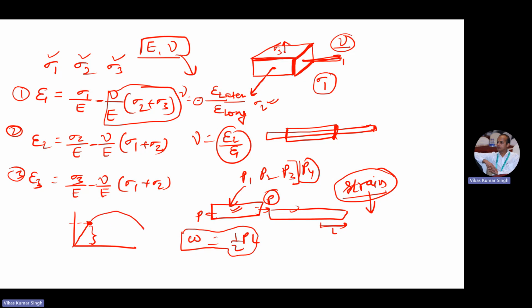So all these are safe. I just want to find out what this limit is. One way is to find the strain energy input. Strain energy is one of the very important parameters for all these energy failure theories.